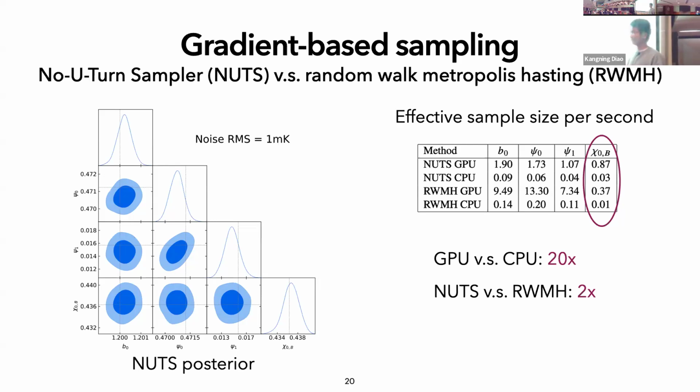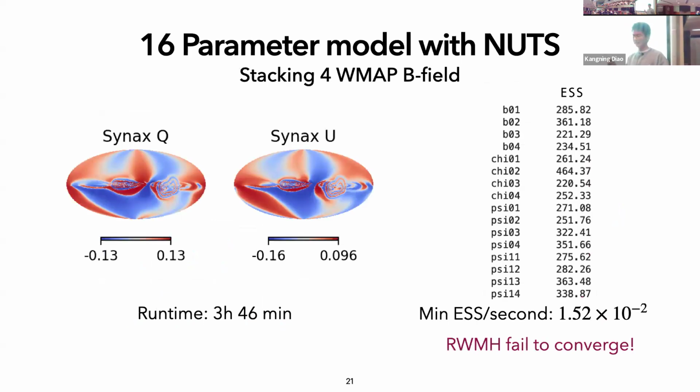And comparing different algorithms on the same hardware, we can roughly conclude that on such a simple 4-dimensional model, NUTS gains a 2 times improvement compared with random walk Metropolis-Hastings. Then we test our inference pipeline on a 16 parameter model, where the number of parameters is still not very high. This 16 parameter B-field model is achieved by stacking 4 very simple WMAP B-field models.